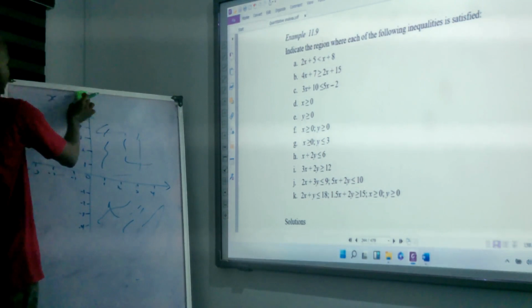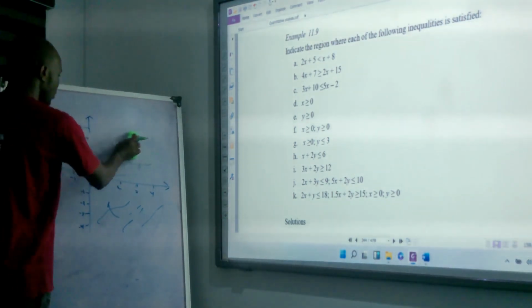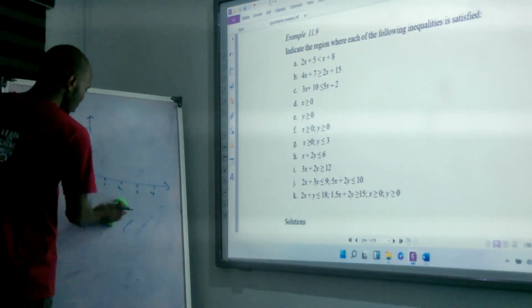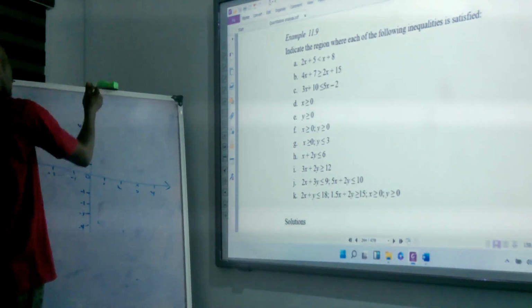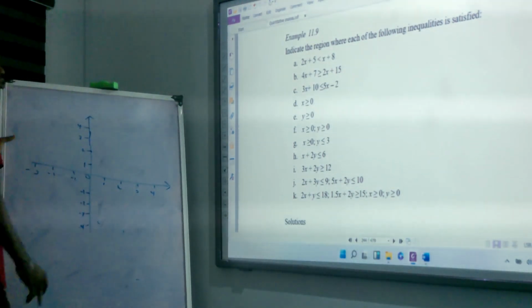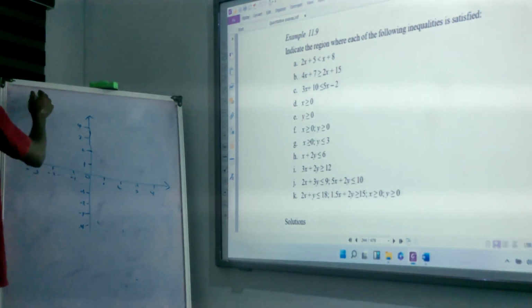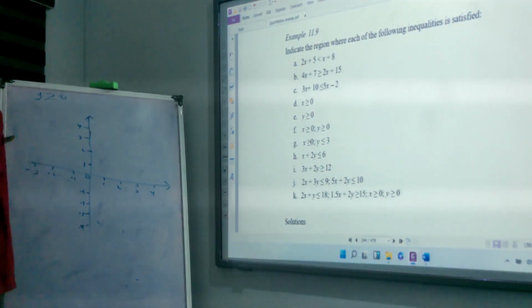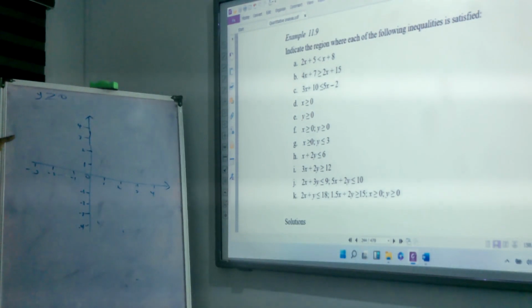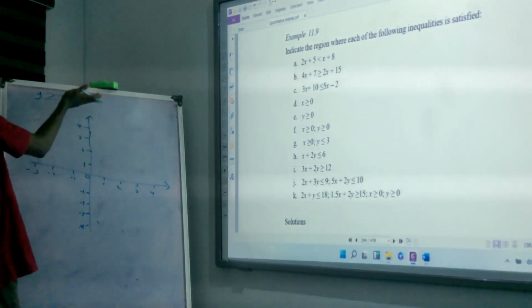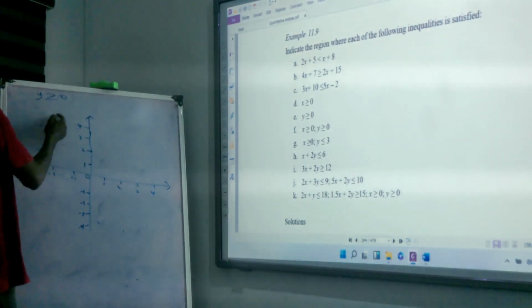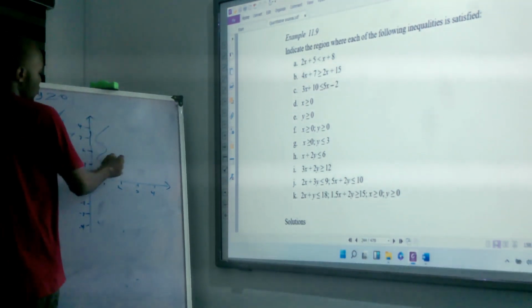Now the next one says y. Let me rub that shaded portion off. So the next one says we should obtain y greater than or equal to 0. So our portion of y greater than or equal to 0 is the upside. So all of this portion here, irrespective of y values.